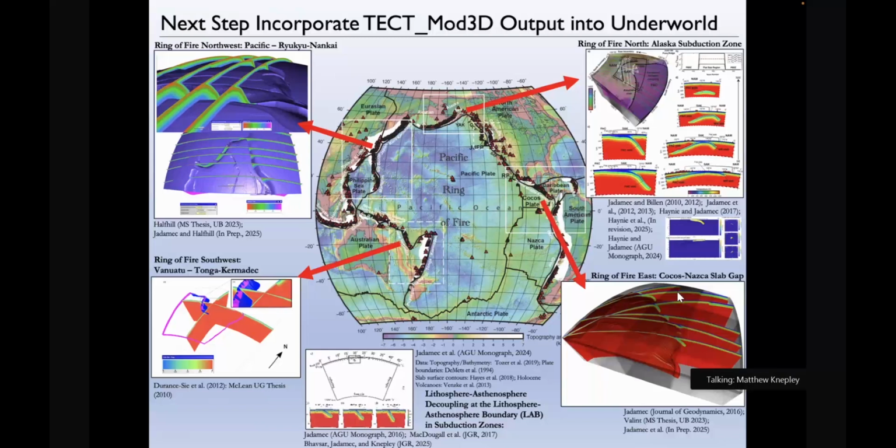The time scale: this is creeping flow, centimeters per year. We know surface motions from GPS, for example. In the asthenosphere, we can use shear wave splitting as a constraint on flow directions, but we don't have velocities.